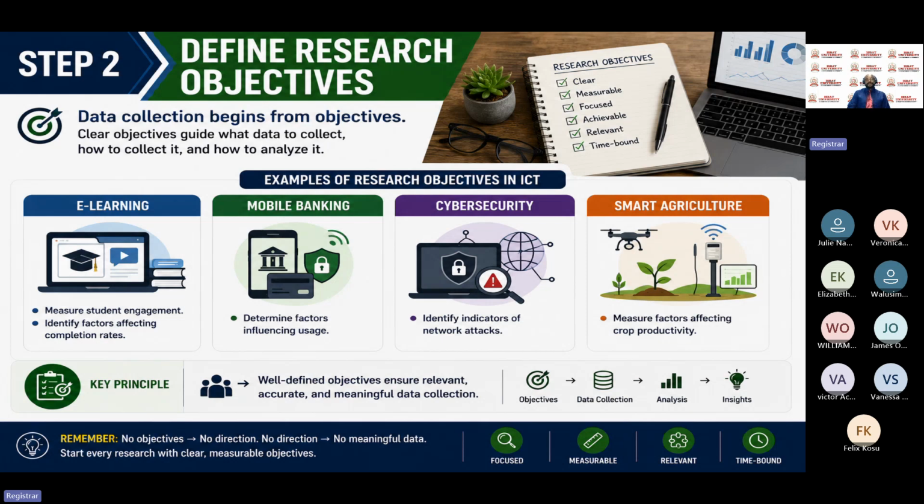So no objective, no direction. No direction, no meaningful data. So start every research, whether you are ICT or non-ICT, with clear, measurable objectives. The focus is the objective, measurable, relevant, and make sure it happens in a time-bound period. So this is step two: define your research objectives.